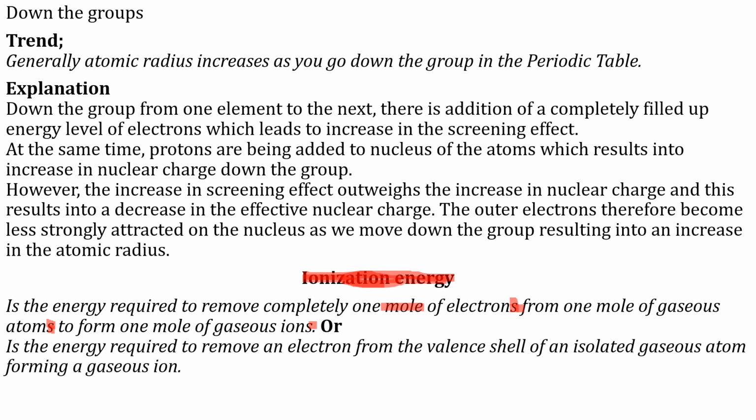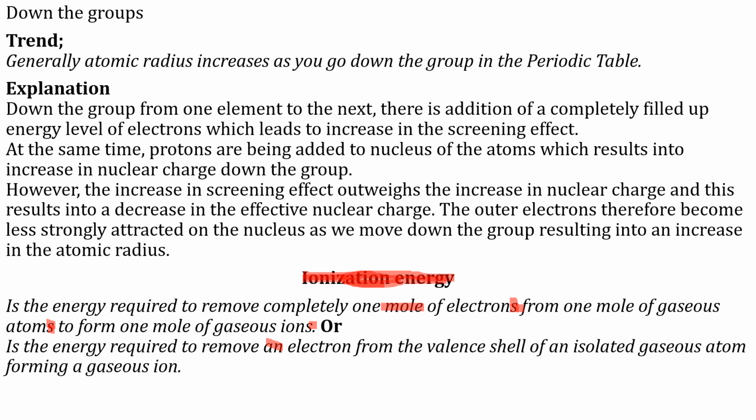Ionization energy can be defined as the energy required to remove an electron from the valence shell of an isolated gaseous atom to form a gaseous ion, as simple as that. So simply, the energy required to remove an electron from a gaseous atom to form a gaseous ion can also be referred to as ionization energy.